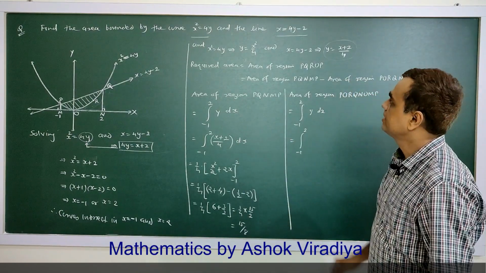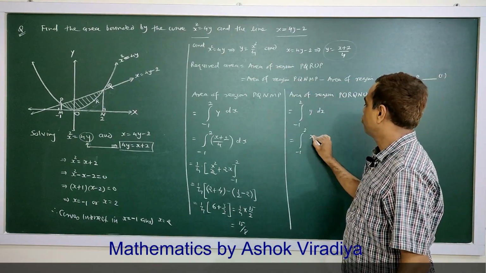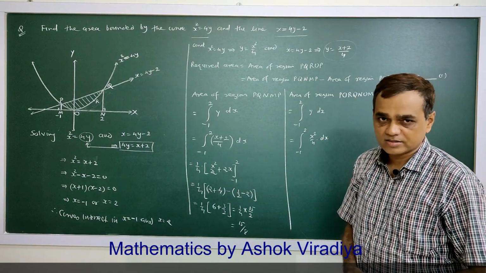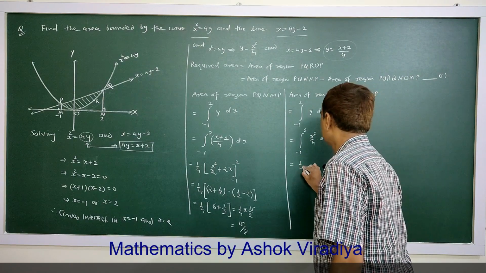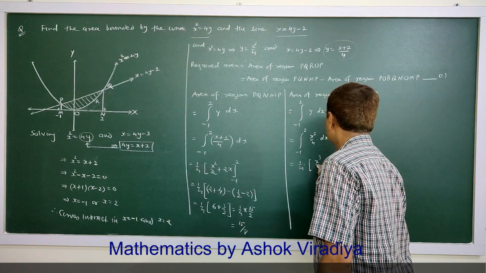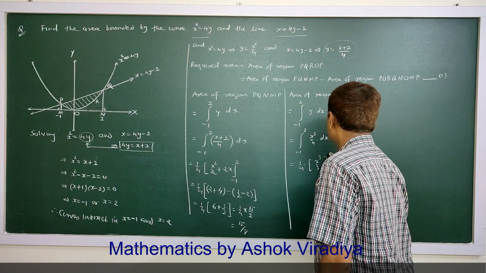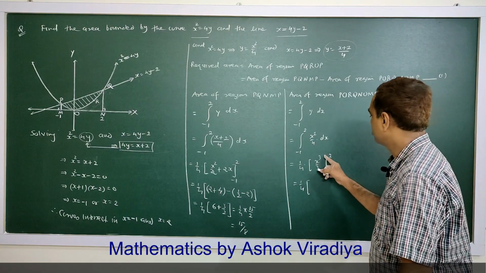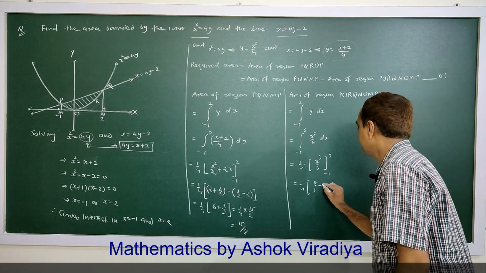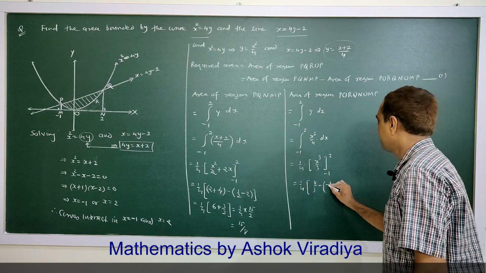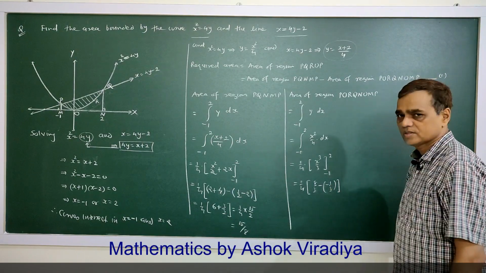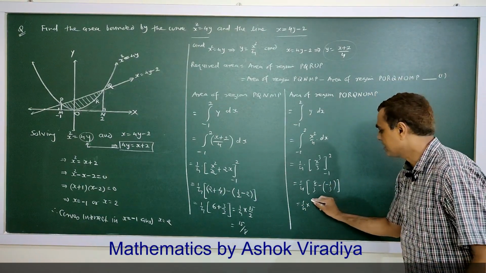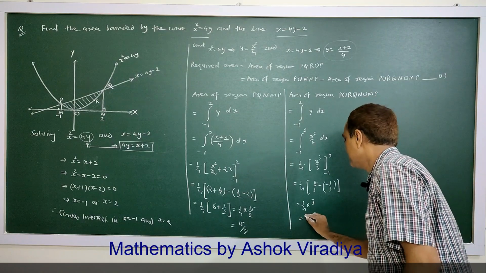Value of y is x square by 4, so 1 by 4 times x cube by 3 from minus 1 to 2. So 1 by 4, 2 cube is 8 by 3 minus minus 1 by 3. So that is 1 by 4 into 9 by 3, 9 by 3 is 3. So this is 3 by 4.